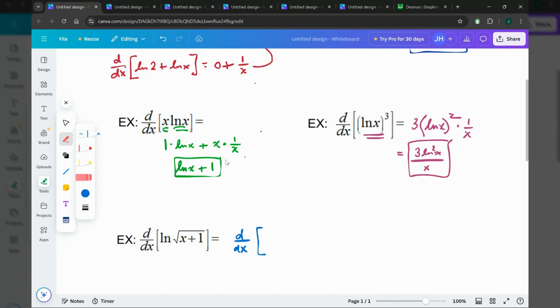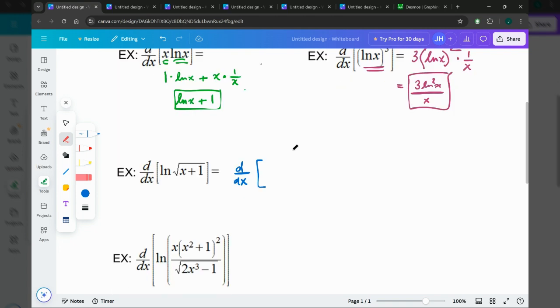If I expand this logarithm, I can bring that 1/2 out front, and this would be the natural log of x plus 1. And this makes it a much simpler derivative because that 1/2 is just a constant. And you would take a constant times the derivative of the natural log, which would be the derivative of the inside function over the inside function. So this would come out to be 1 over 2x plus 2.